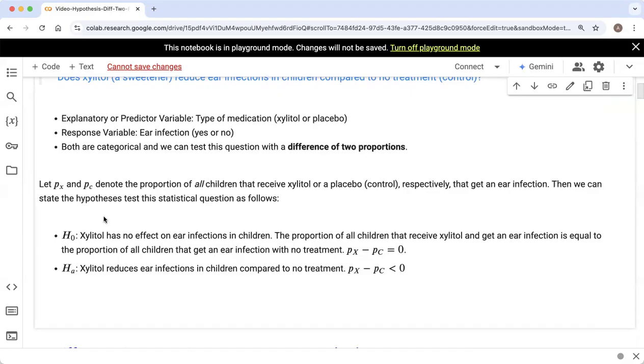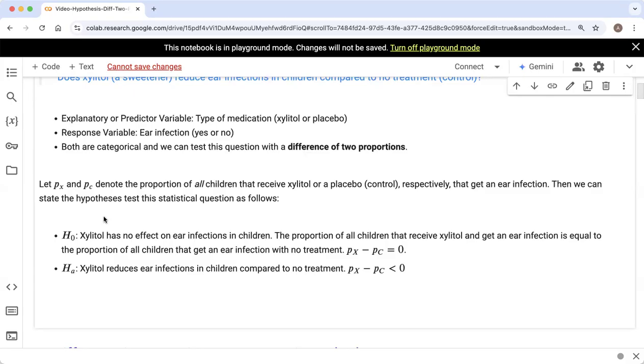So our claims in the null and the alternative hypothesis are about these population parameters. So our null hypothesis here would be xylitol has no effect on ear infections in children. So these proportions P_X and P_C are equal to each other. Or in other words, the difference in these two proportions is equal to 0.